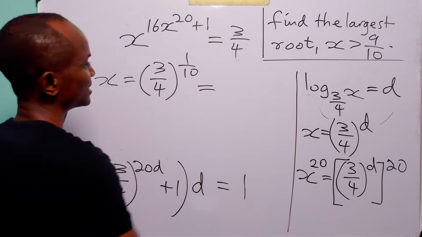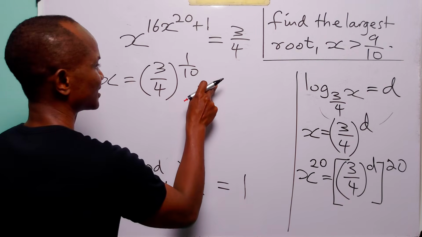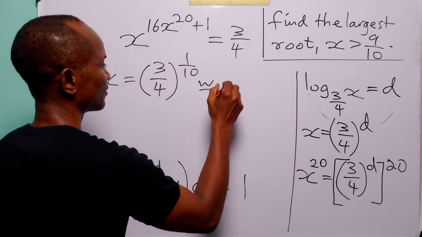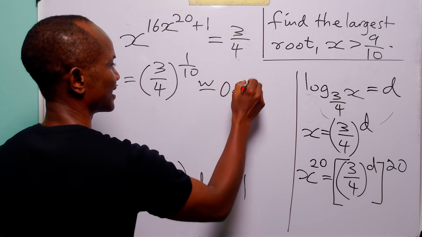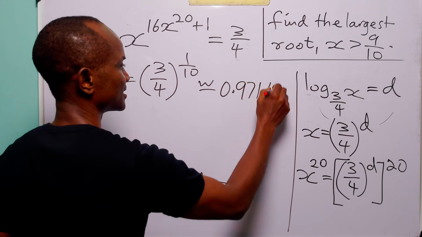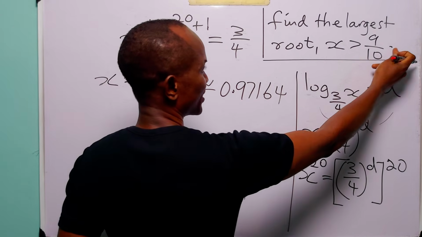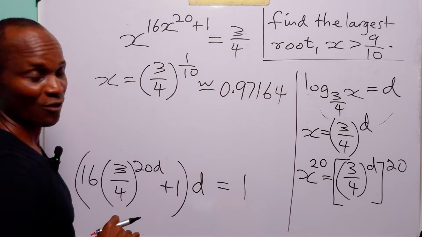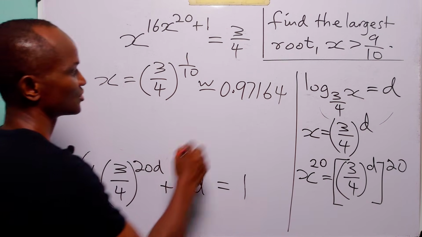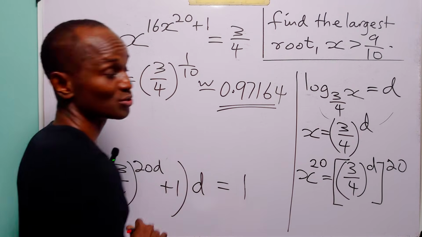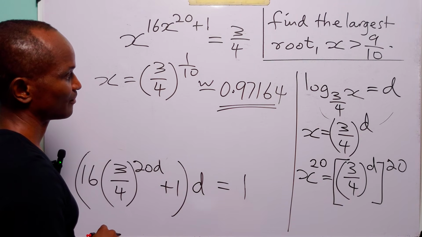And when we evaluate this with a calculator, we have that x is approximately equal to 0.97164. And we can see that this is greater than this value of x. So this is the largest root of this equation.